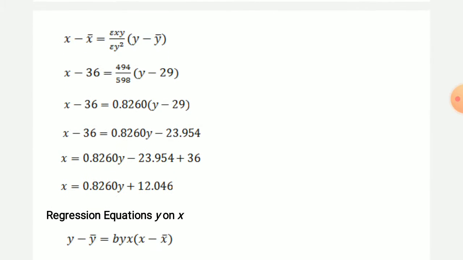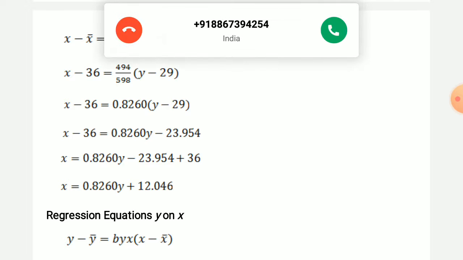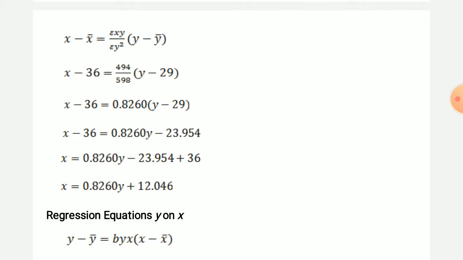Now the regression equation x on y is given as x minus x bar is equal to sigma xy by sigma y square into y minus y bar. When the arithmetic mean or actual mean is used to take the differences, then we have to apply the formula x minus x bar equals sigma xy by sigma y square into y minus y bar.